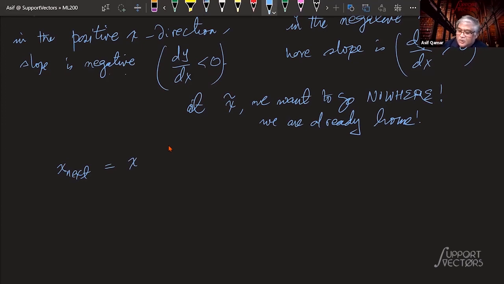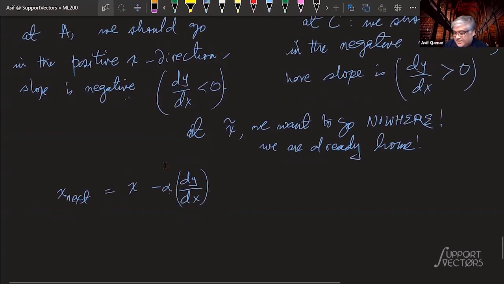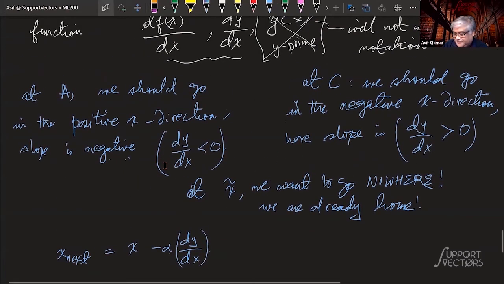But the slope is negative. Suppose I did this with dy/dx, and the slope can be a big value. I multiplied by a small number, a small step. I take a small step against the slope. The slope is negative. I want to move in the positive direction at A.